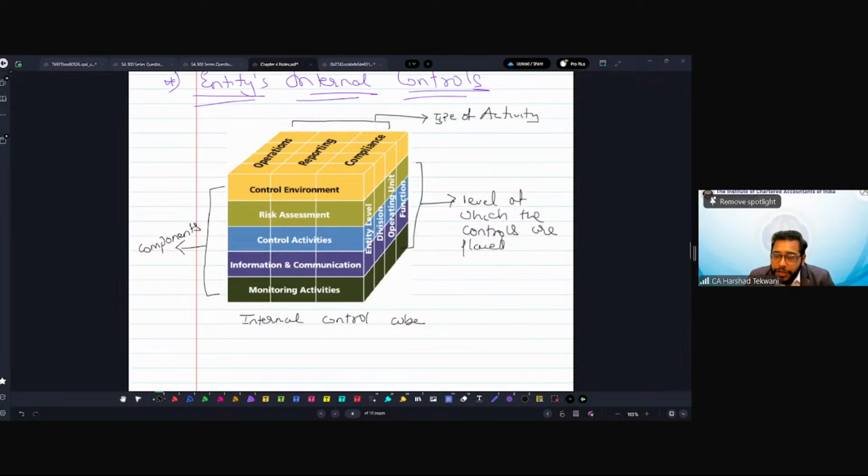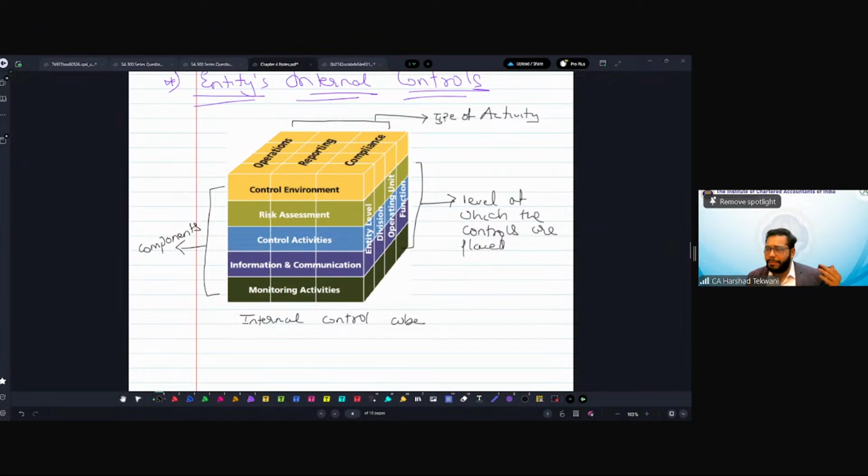It is the responsibility of the management to prepare financial statements that are free from material misstatements. So, in order to achieve that responsibility, management is required to perform risk assessment. Management is required to design and implement controls. This is the part where management performs the entity's risk assessment process.